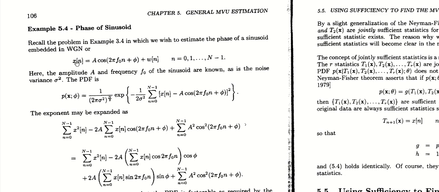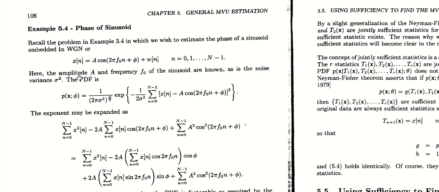So the data model is x of n equal to A cosine(2 pi f0 n plus phi) plus w of n, and n is multiple samples, from 0, 1 all the way to N minus 1.